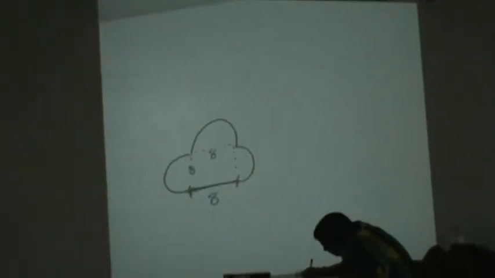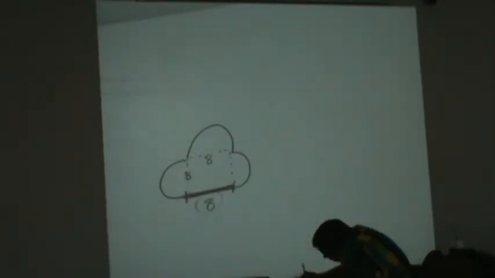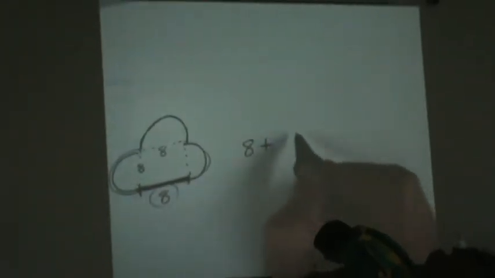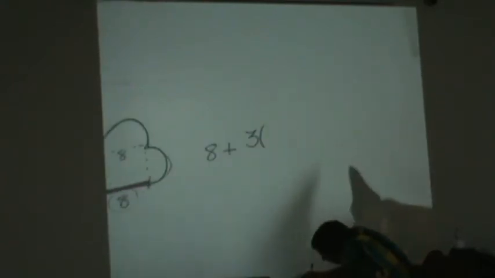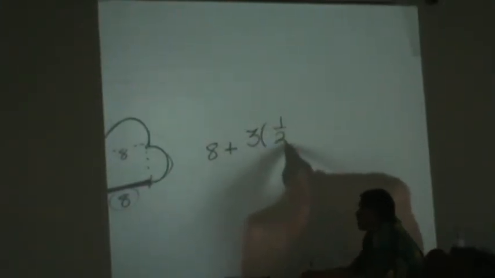It said that this was 8 by 8. Okay? So part of your perimeter is this 8. The other part is 3 half circles. Okay? So you're going to put 8 plus 3 of the half of a circumference, right?